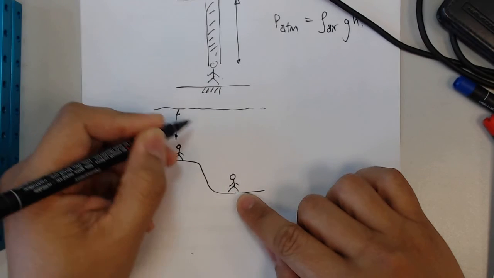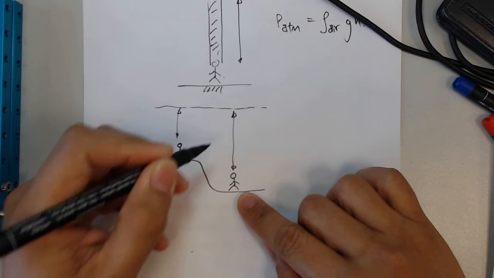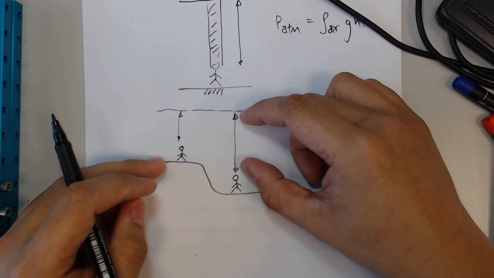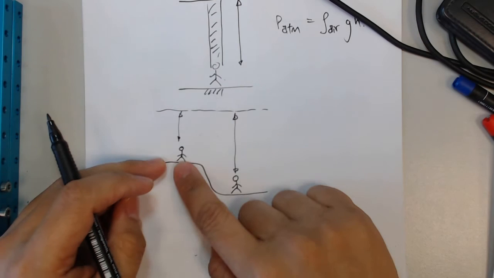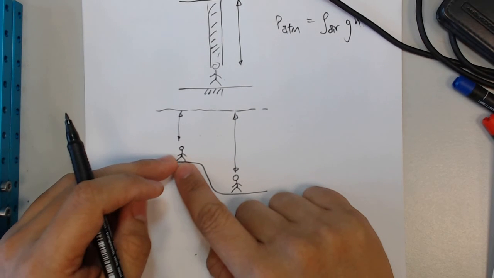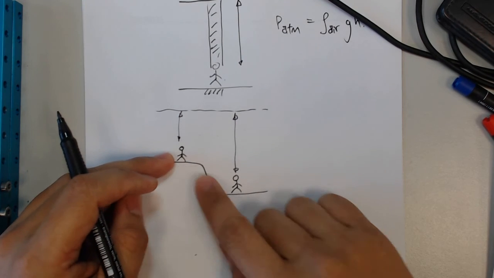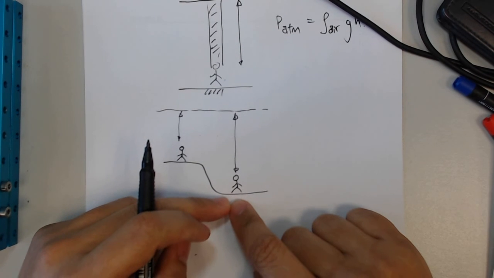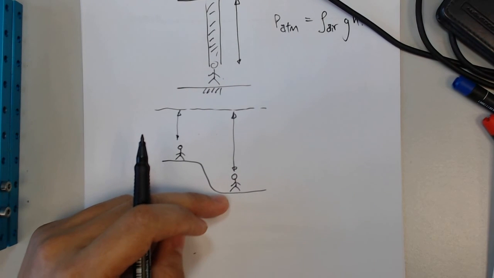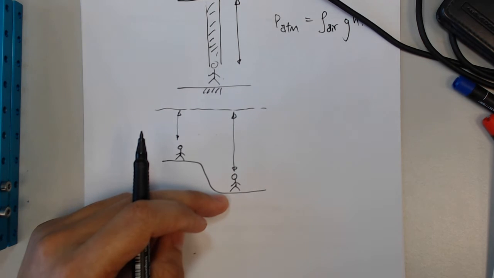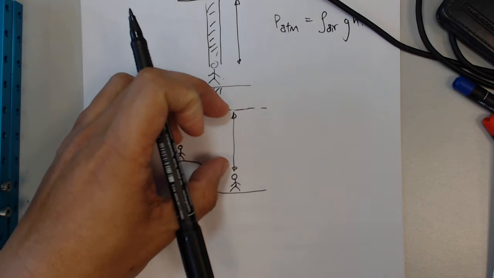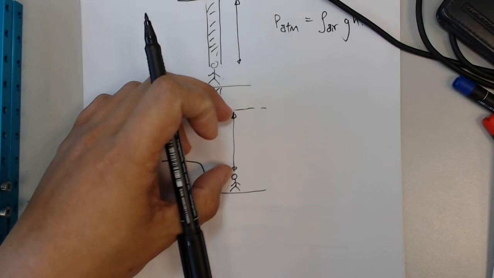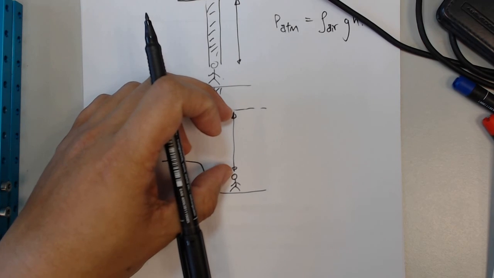Due to the difference in height of the column of air, the atmosphere, the person in the mountains will experience a lower pressure than the person close to sea level, right? So this is also a hydrostatic pressure, and it is proportional to the height or the depth of the column of the fluid.